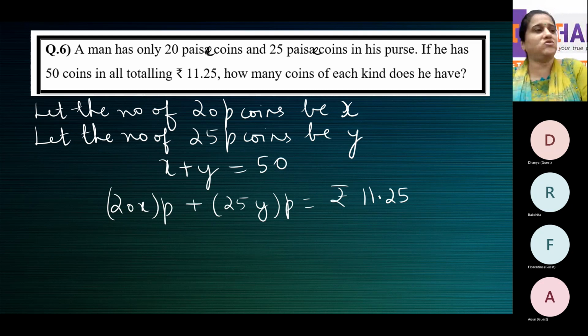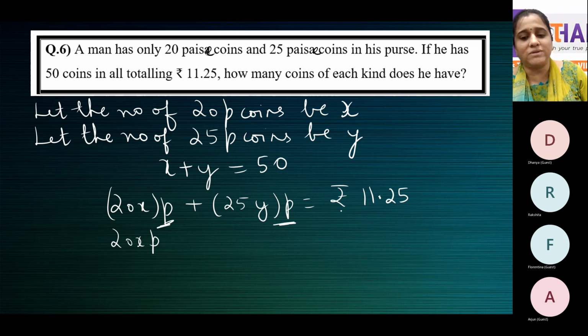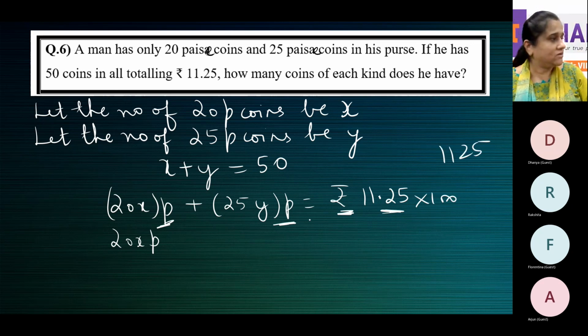So it's easy to convert rupees to paise. Don't write 20XP, children. I'm not multiplying. I'm just telling you this is in paise, this in paise, but this in rupees. So we have to convert this one to paise by multiplying by 100. So it will be 1125 paise, correct?